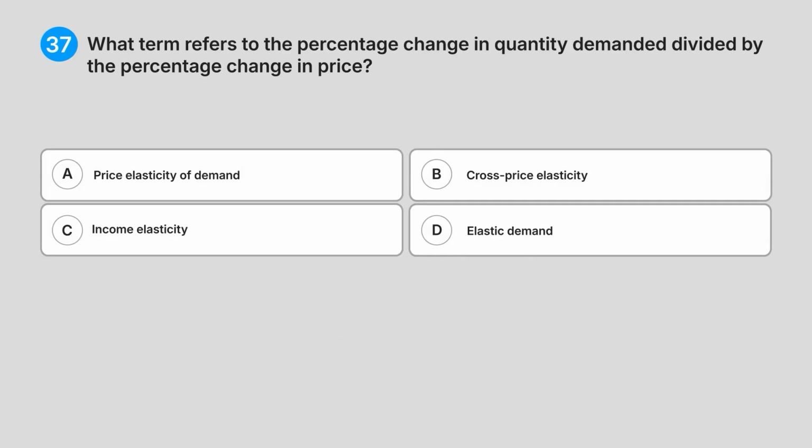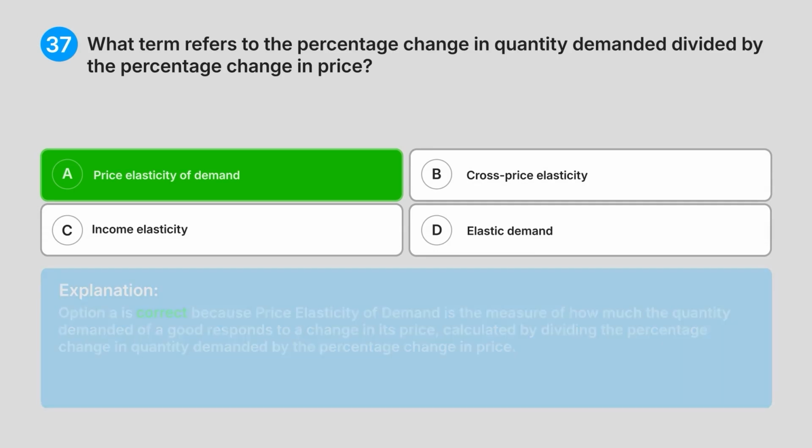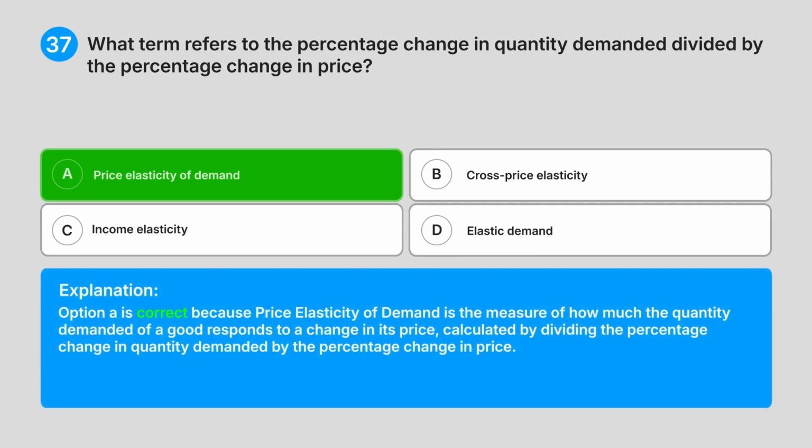Correct answer, A. Price elasticity of demand. Explanation. Option A is correct because price elasticity of demand is the measure of how much the quantity demanded of a good responds to a change in its price, calculated by dividing the percentage change in quantity demanded by the percentage change in price.